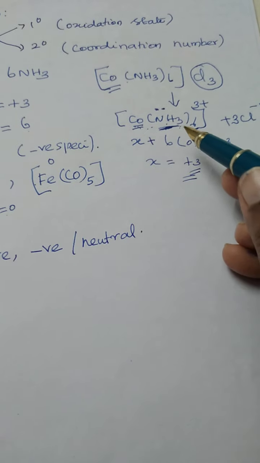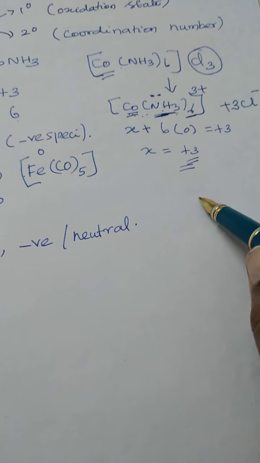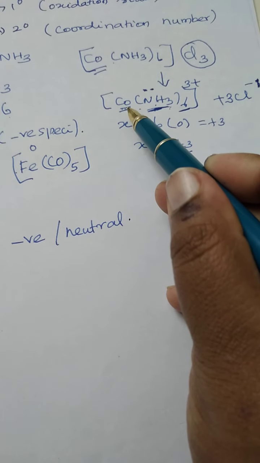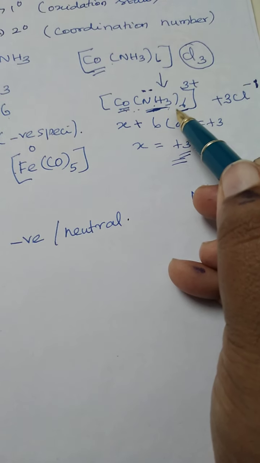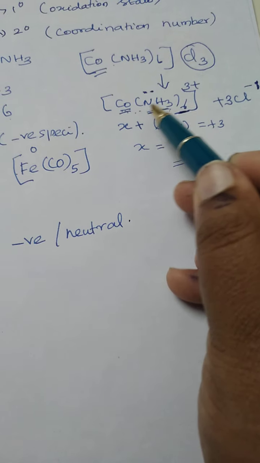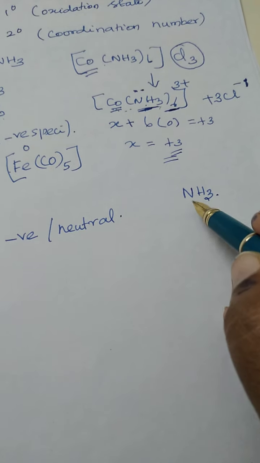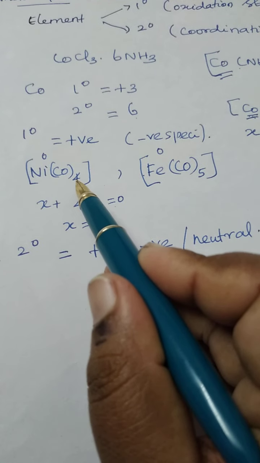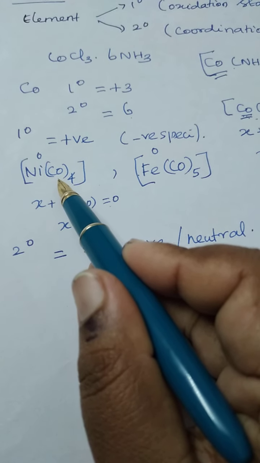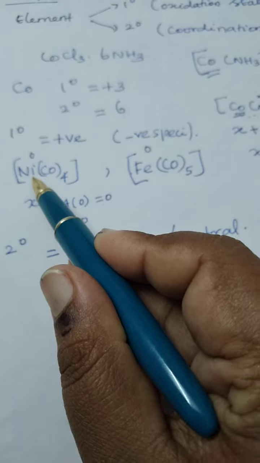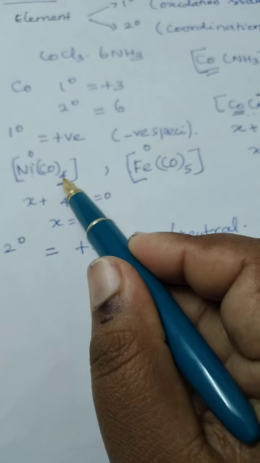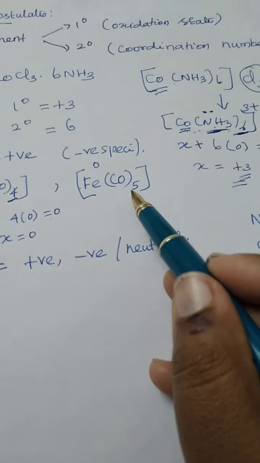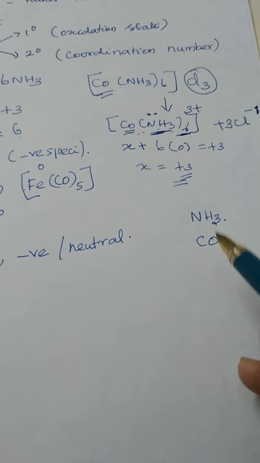Here we have learned some neutral species, that is ammine is a neutral ligand. The secondary valency of cobalt in this complex is 6. This 6 is satisfied by 6 neutral ligands, that is NH3. Just now we saw another ligand, CO, carbonyl, which is a neutral ligand. So nickel, its secondary valency is 4, satisfied by the 4 carbonyls. Likewise, iron also, 5 carbonyls are satisfied, and it's a neutral ligand.